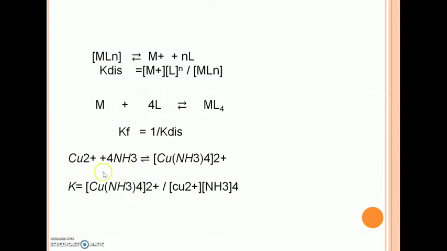We can write an example: Cu2+ plus 4NH3 gives Cu(NH3)4 2+. Here the formation constant, that is the stability constant, is represented like this: K is equal to [Cu(NH3)4 2+] divided by [Cu2+] into [NH3] raised to 4.